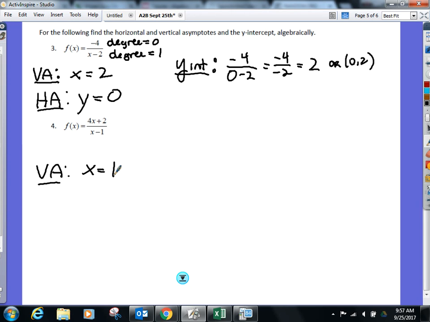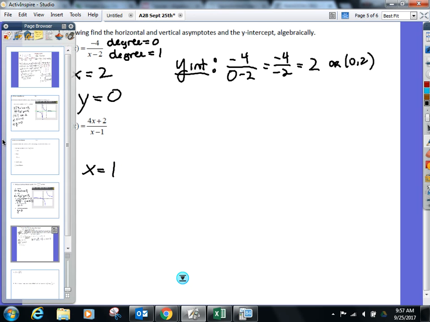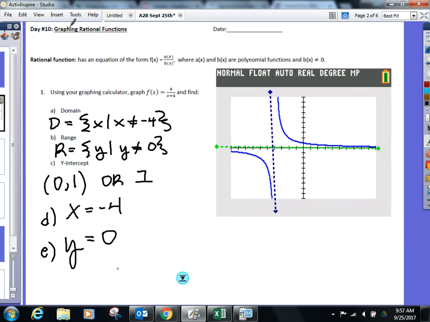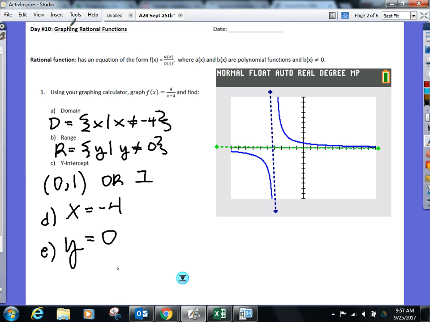All right, what do we got here? When have we ever written the domain like that? Look at the domain and remember this from the beginning of class. The vertical asymptote was x equals -4, and the domain was x cannot equal -4.